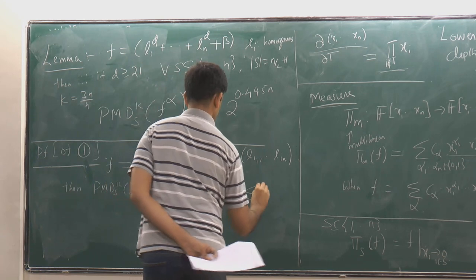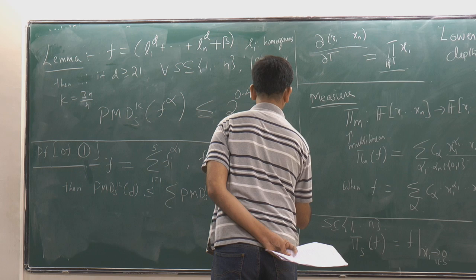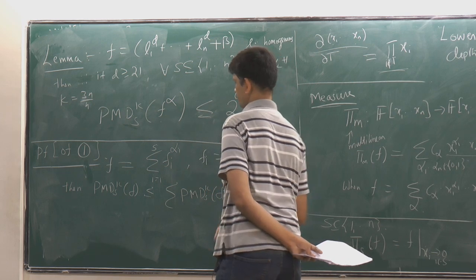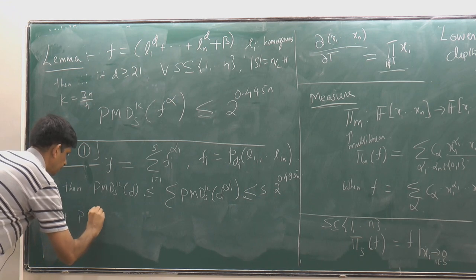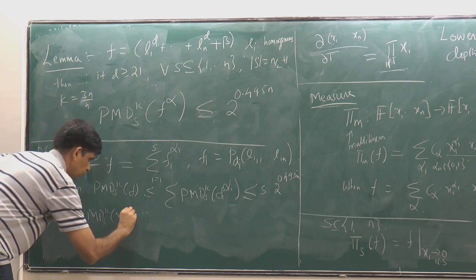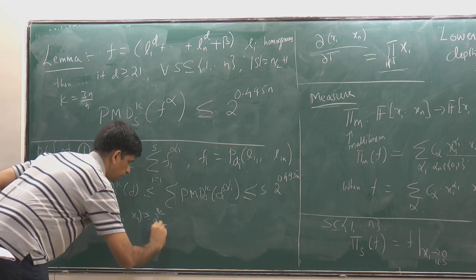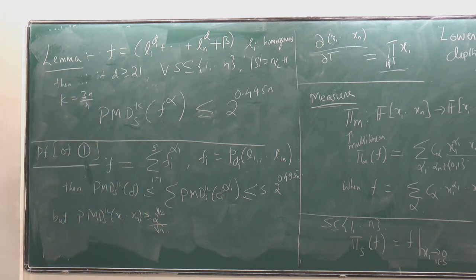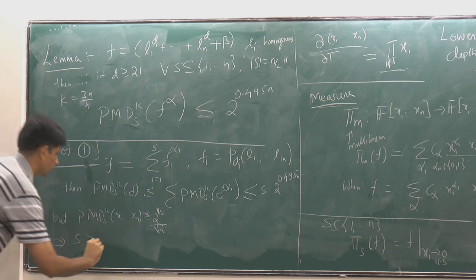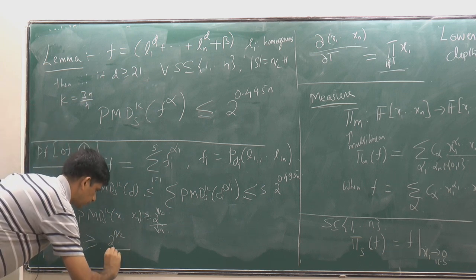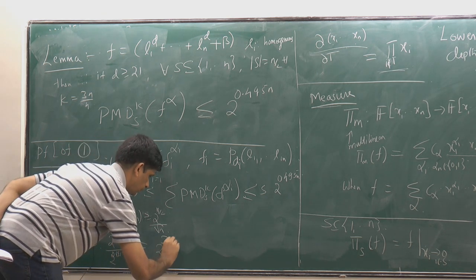This is at most s times this number, 2 to the 0.495 n. But PMD k, S of x1 to xn is at least 2 to the n by 2 up to a constant factor. Therefore, s is at least 2 to the n over 2 divided by 2 to the 0.495 n, so this is 2 to the n.